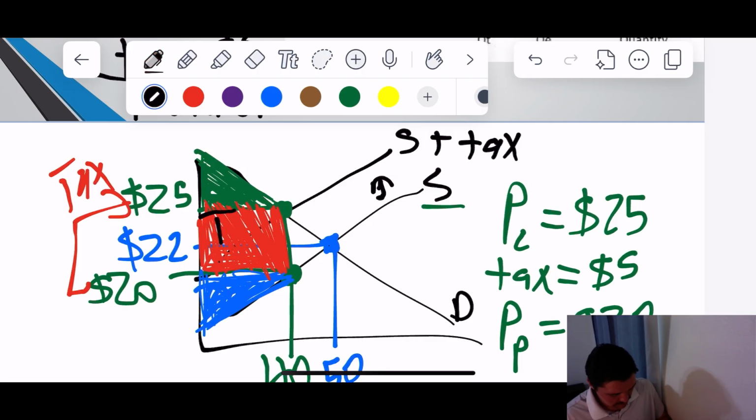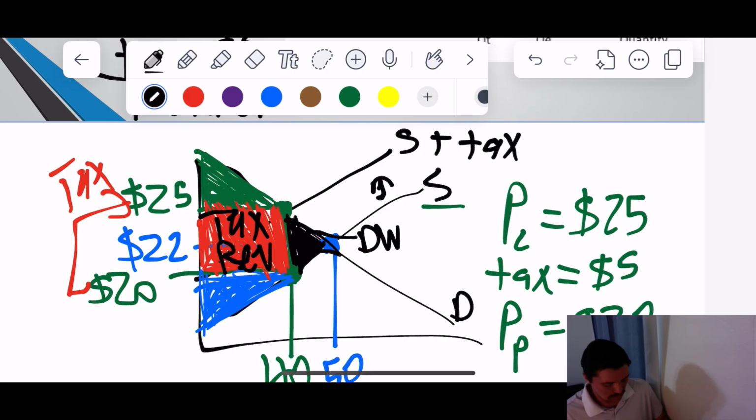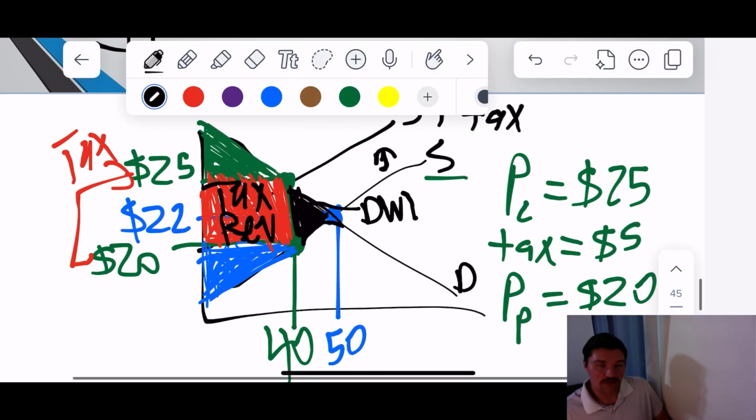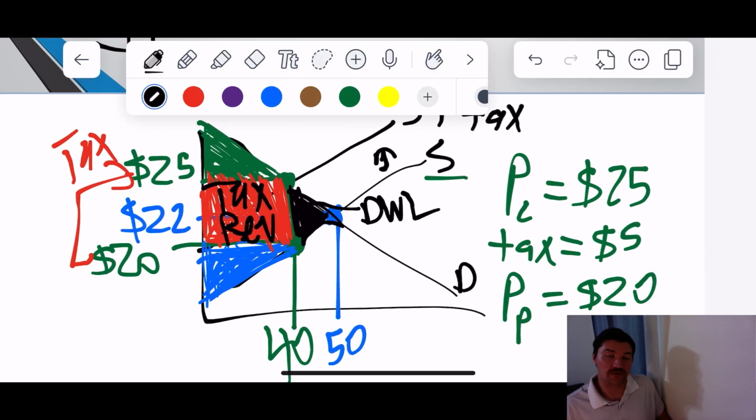This is your tax revenue. Notice again, we're not having that full triangle filled out. We're having this area that we're missing. So this is your deadweight loss. Okay? So taxes do cause inefficiencies in a market because you are not selling at your equilibrium anymore. The government is affecting the market, causing inefficiencies.